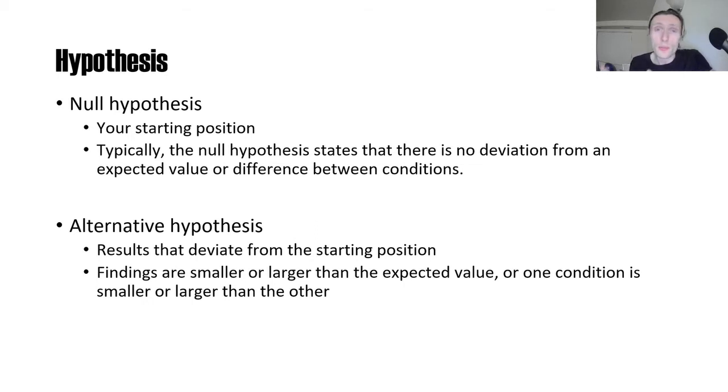So, for example, a finding that is smaller or larger than an expected value, or that one group is smaller or larger than the other. For example, the medication group scores higher than the placebo group, or height does have an effect on IQ. That would be an alternative hypothesis.